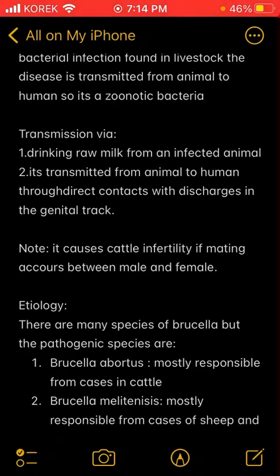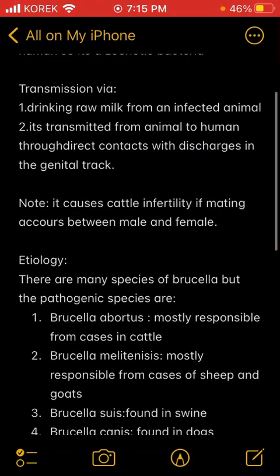It's transmitted from animal to human through direct contact with discharge in the genital tract. So we find something else here: Brucella causes discharge in the genital tract. It means it causes penis discharge in males and vaginal discharge in females, in female cows.